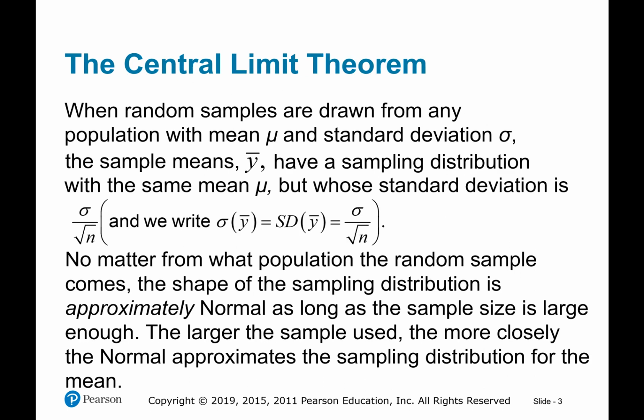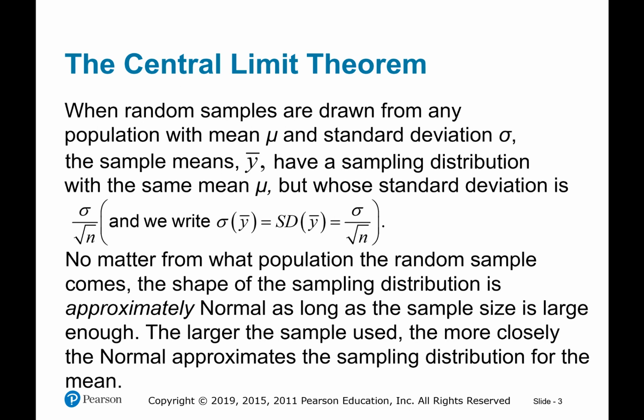So random samples are drawn from any population. The population has a mean of mu. Okay, so again, be aware of these specific Greek letters. The population mean is mu, and the population standard deviation is sigma. We could calculate very easily the mean of our sample, the y bar or x bar.